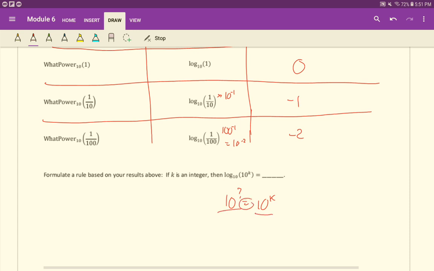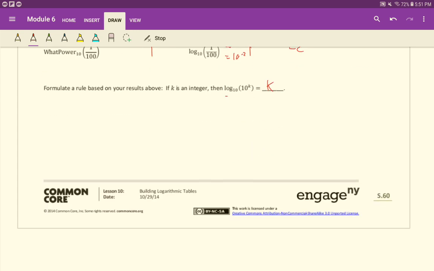Well, same base, and they're equal, so the answer is just going to be k. This is true even more generally: log base b of b to the k is k, where b has to be greater than 0 and b is not equal to 1. So log base 2 of 2 to the 5th is 5, and log base 7 of 7 to the 100th is 100, and so on.